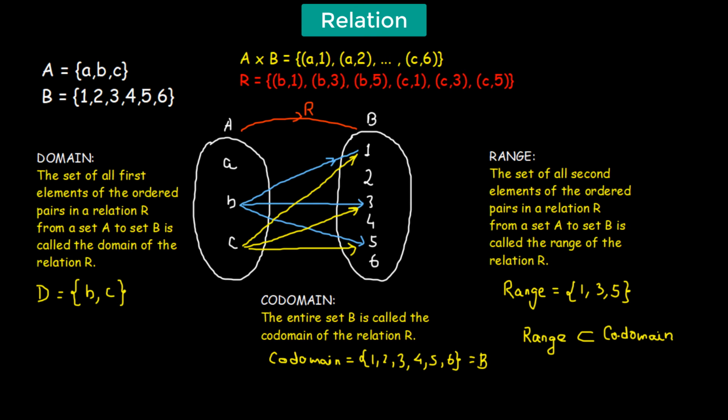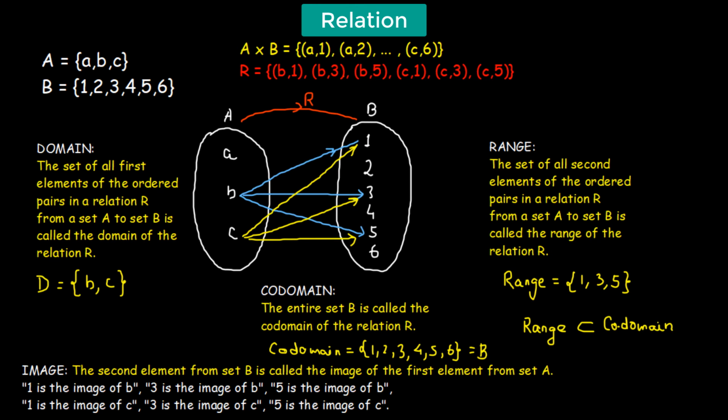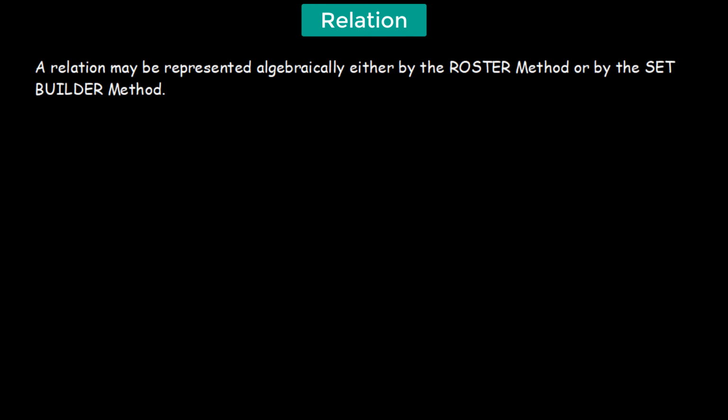These elements which are participating in B, that means elements 1, 3 and 5, are respectively the images of B and C. So 1 is the image of B. The second element 3 is an image of B. The third element 5 is an image of B. Similarly, 1 is also the image of C, 3 is the image of C, and 5 is the image of C.